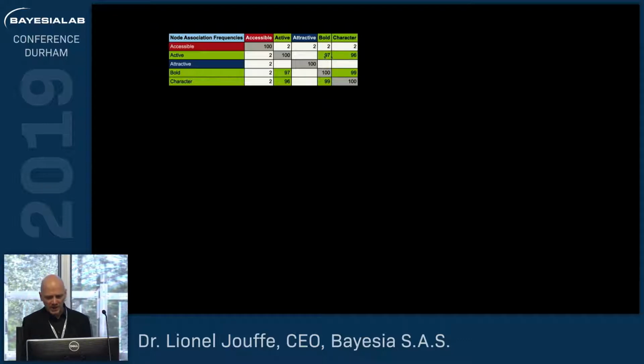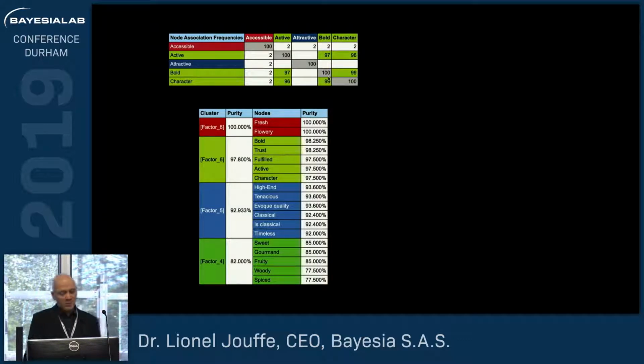So you really care about the frequency that is in the same color. And this is what we use for defining the purity of a node. The purity of a node will be the average value of this association frequency with the co-manifest variables. And then we can also define the purity of each factor by taking into account the purity of all the nodes that belong to this factor.